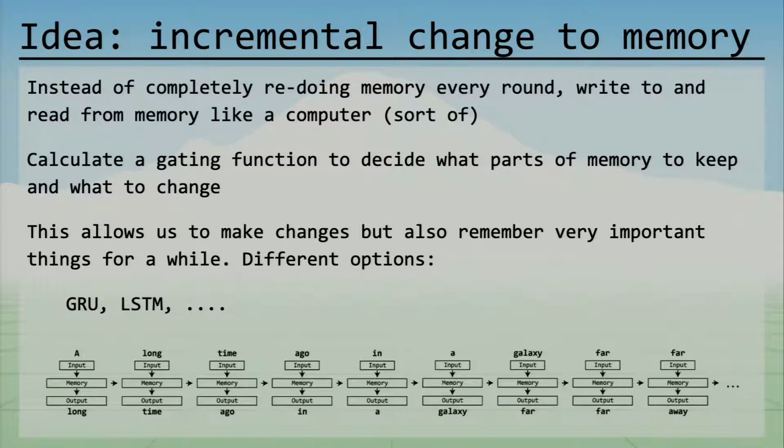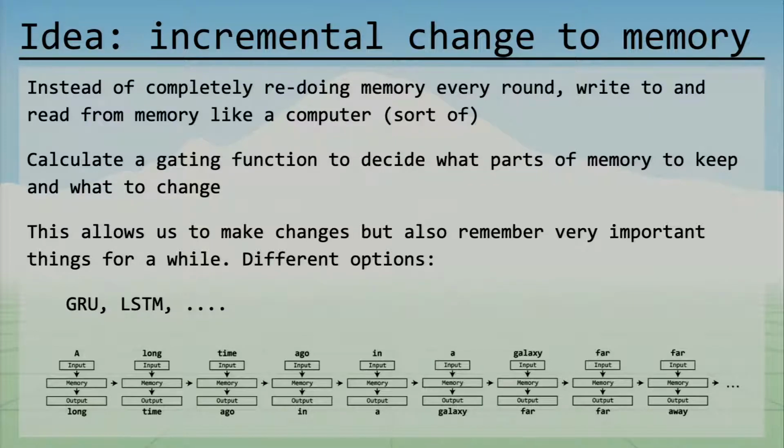We look at what our memory state looks like and calculate a function that decides which parts of memory to keep and which parts to change. Then we only write to the parts of our internal state that this gating function has decided can be overwritten.